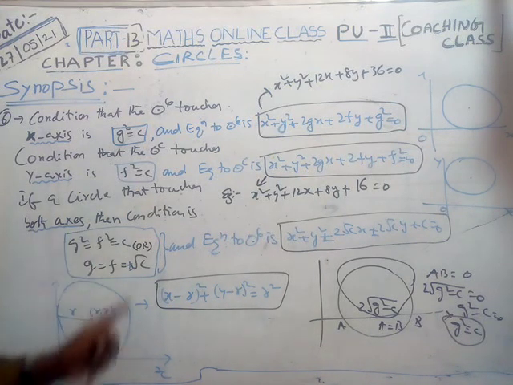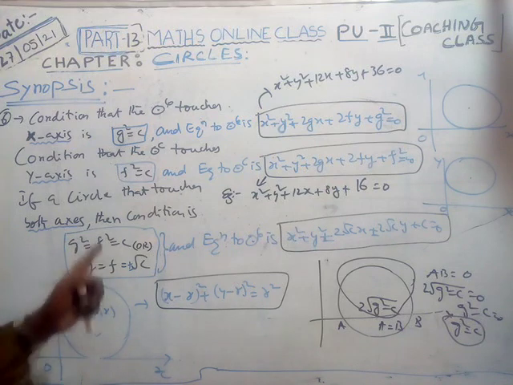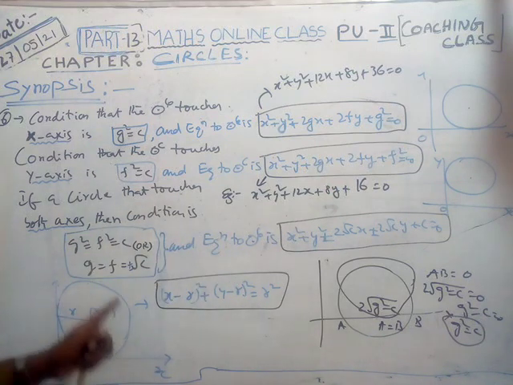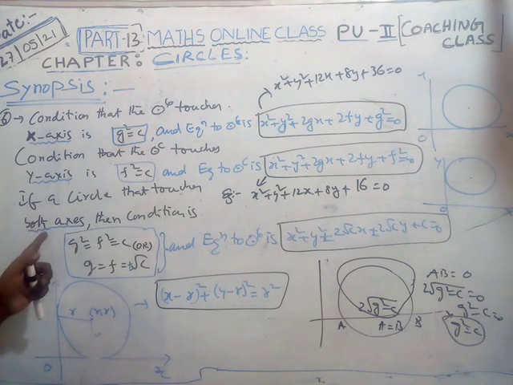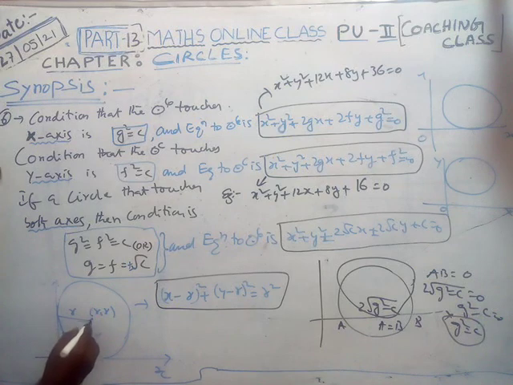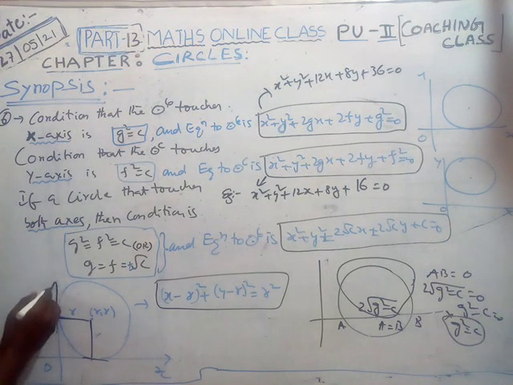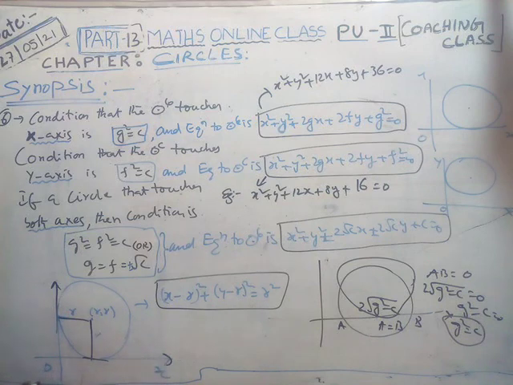One more thing: that is a condition, but while we are solving a problem, if the circle is touching both the axes, you do it like this. See, this is the y-axis and the x-axis. The circle touches the x-axis as well as the y-axis.